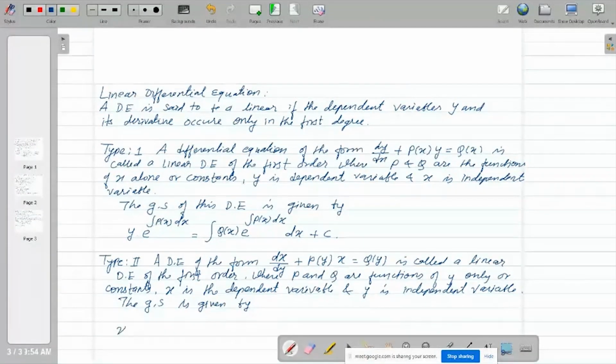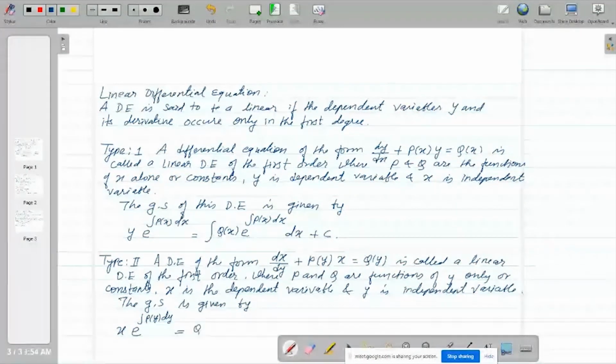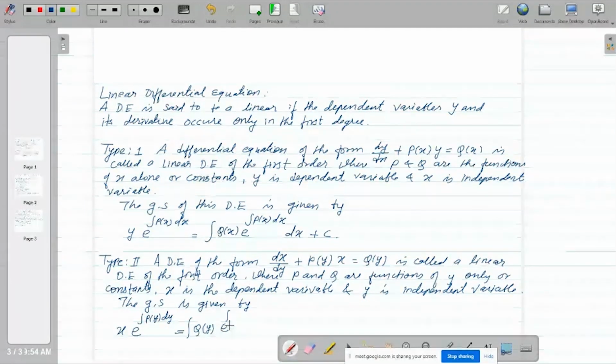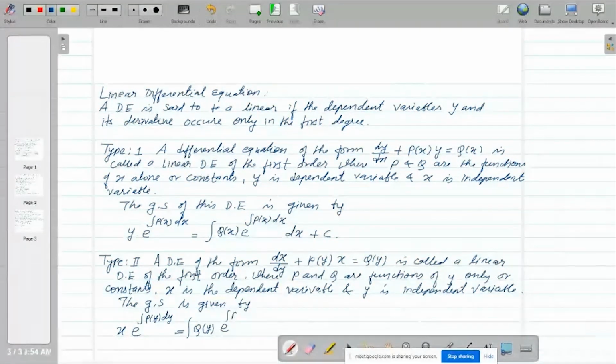x e raised to integration of P y dy equals integration of Q y into e raised to integration of P y dy, into dy, plus c.